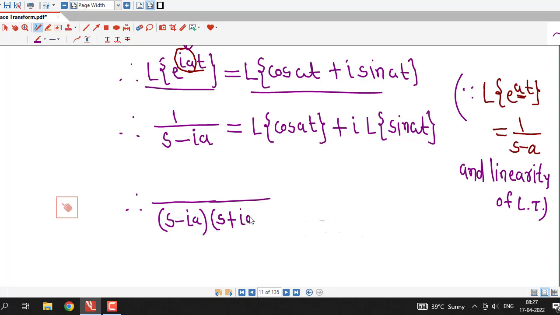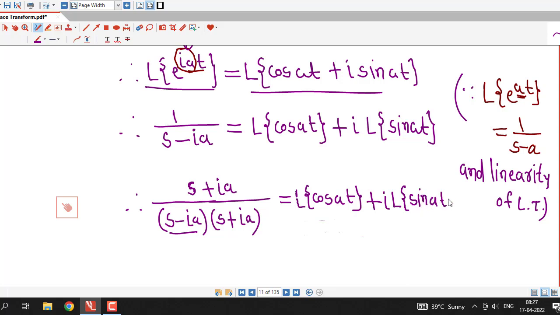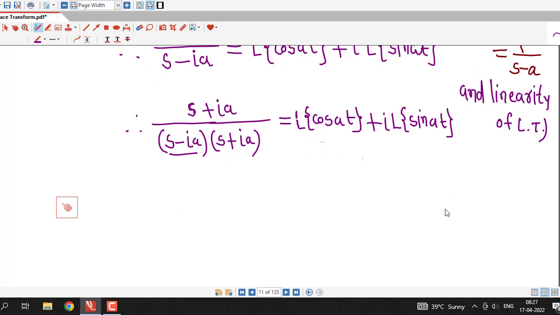We replace i by minus i in s minus ia and we obtain its conjugate. And we keep this as it is: Laplace transform of cos at plus i times Laplace transform of sin at.